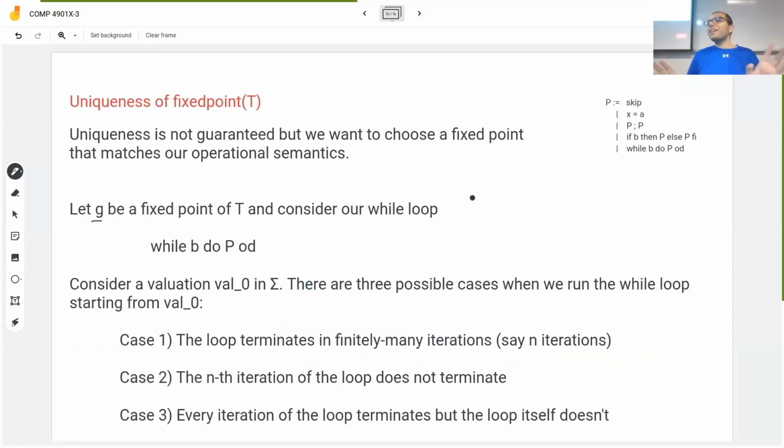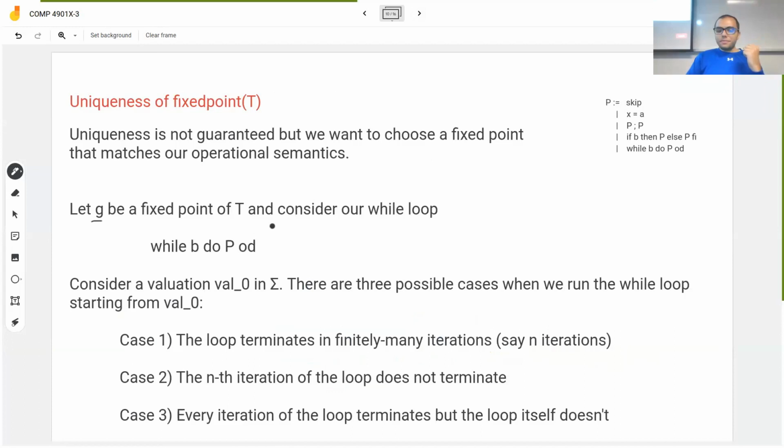Okay, so we talked so much about how the proof is going to look. Let's actually do the proof. So here's what I'm going to do. I know that I want to assign some fixed point of t as the semantics of this while, okay? So I'm going to say, just take any fixed point, and I've already proven existence, so there is at least one fixed point.